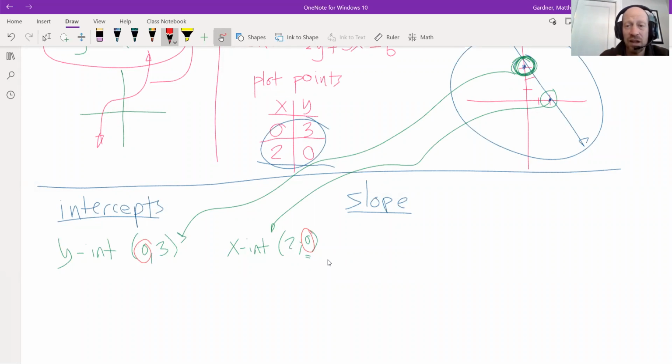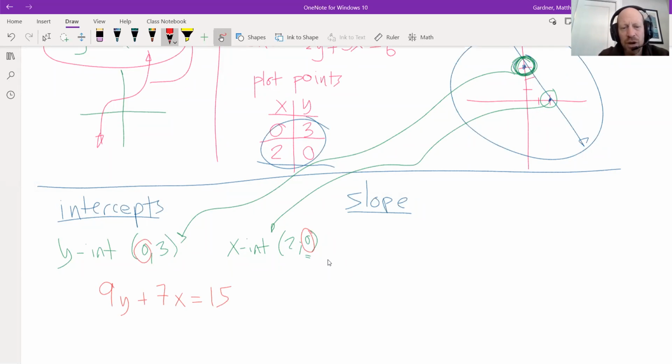So that gives us an interesting clue on how to find the intercepts. If I give you an equation 9y + 7x = 15, this is a little bit of a pain to graph just because the numbers aren't very nice.